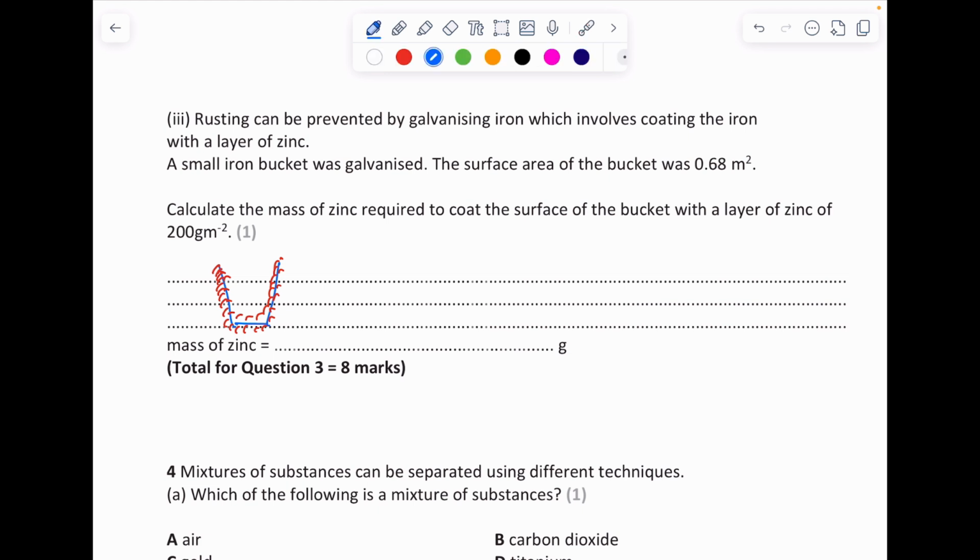So the best way to do this is, if we want to have 200 grams in a meter squared, the bucket isn't a meter squared in size, it's 0.68, so I'm going to call this x. So to find the value for x, that's going to be 0.68 times 200, and when you do that, that gives you an answer on your calculator of 136 grams required.